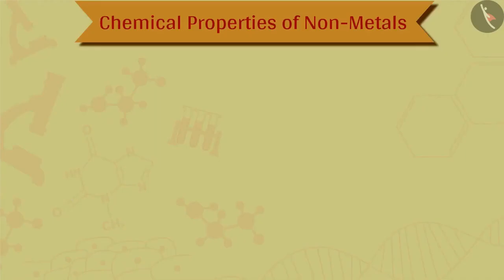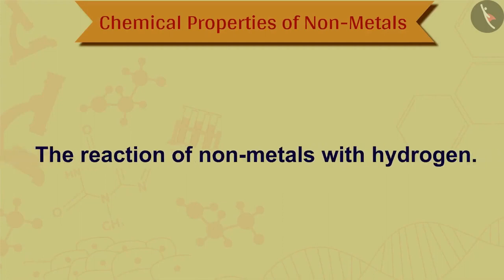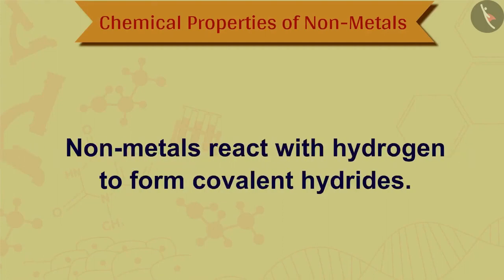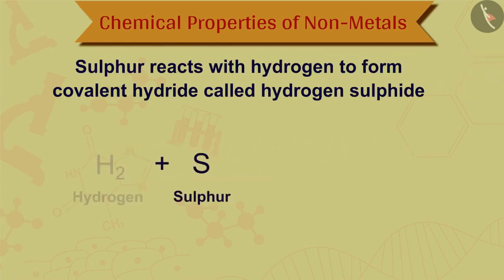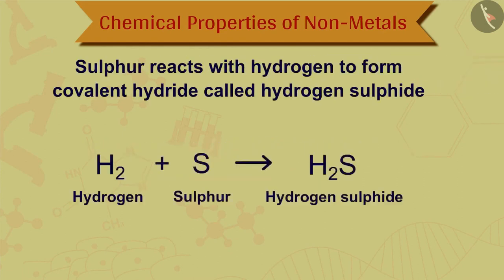The last reaction is the reaction of nonmetals with hydrogen. Nonmetals react with hydrogen to form covalent hydrides. Let's understand this with the help of an example. Sulfur reacts with hydrogen to form covalent hydride called hydrogen sulfide.